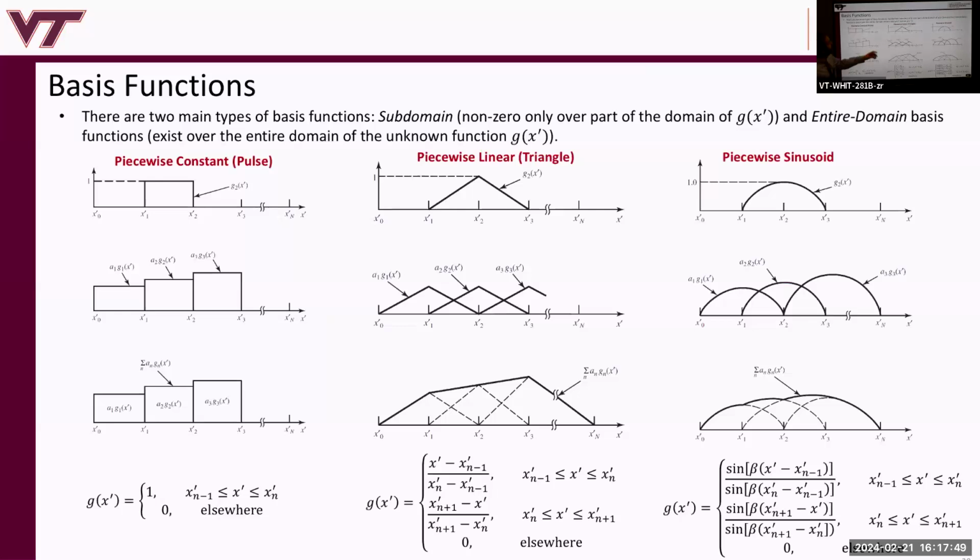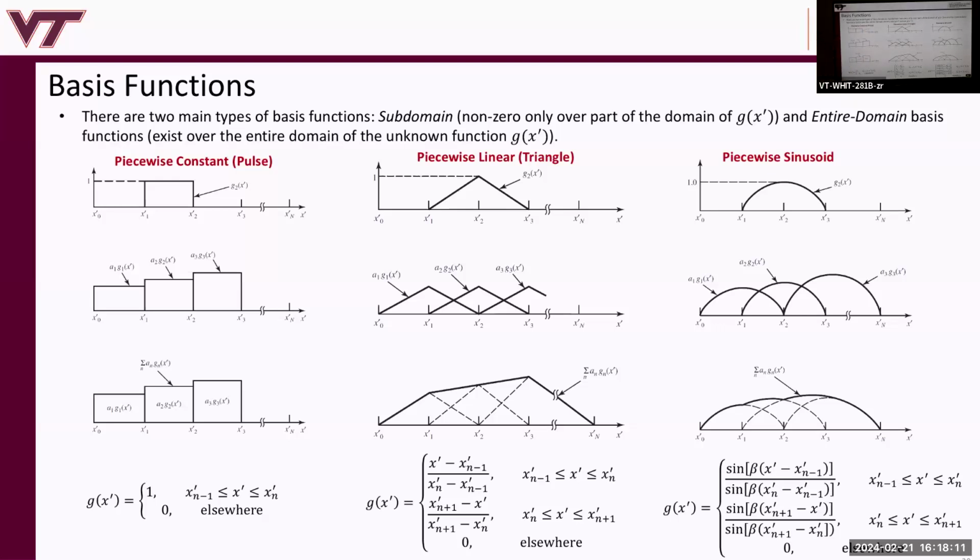If the basis functions are non-zero only over part of that domain, we call them subdomain. If they are non-zero over the entire domain of the unknown function g, then they're entire domain functions. The subdomain functions are a lot more popular.